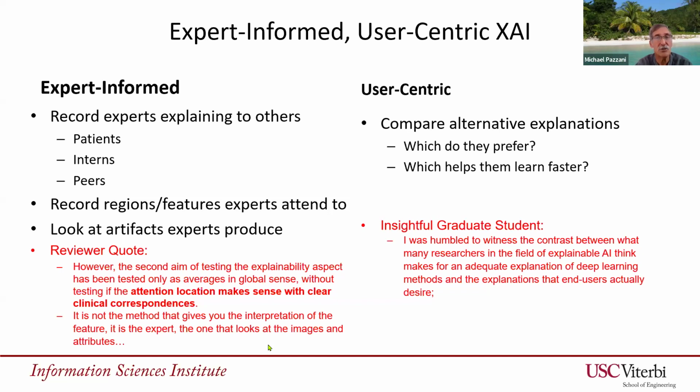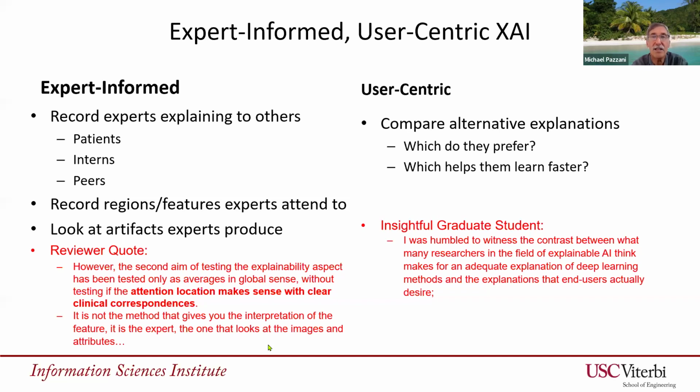So again, if you look at medical journals, you don't find heat maps, but you find labeled arrows in the pictures. And some of the reviewers have pointed this out to us on earlier papers. They say things like, well, that's kind of nice that you've got that heat map there, but does it have clear clinical correspondences? Or my favorite is, it's not clear the method gives you the interpretation of the feature, it's the expert, the one that looks at the images and the attributes.